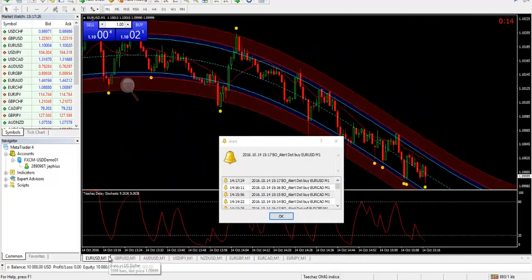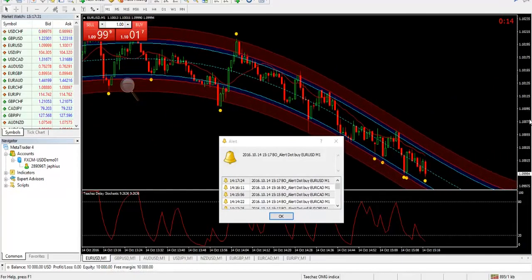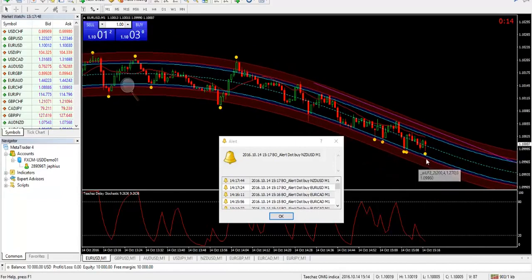Euro USD, I got another signal, but I'm not going to trade on this one, because as you can see, guys, this is a downtrend. You can see that it's going down all the way, but here the signal is saying it's going to go up, and the confirmation is right, it's okay. But it's not even in the red bottom channel, the down one.